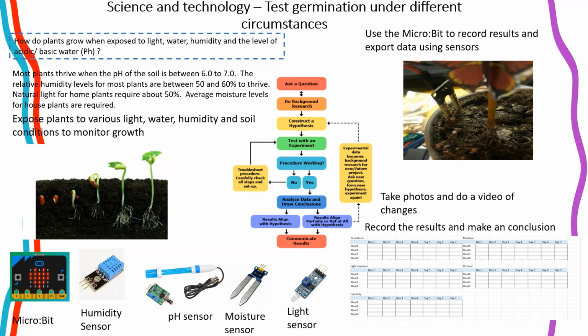Some of your samples would not be watered properly, others would not have proper lighting, others would have ideal circumstances, and then you would record the information. Over time, maybe a 7-day, 14-day, 21-day period, you would see the change with the various samples, and then you can see the effect of light, moisture, pH, or humidity on the growth process.